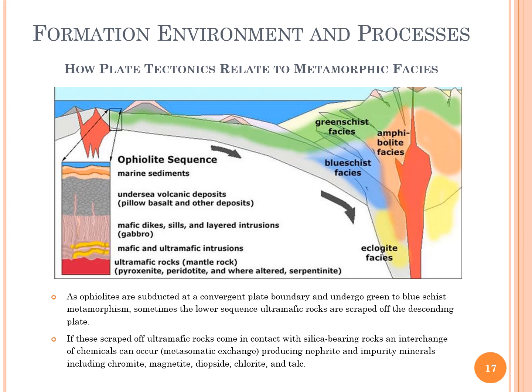Now, some of this material of this ophiolite sequence, as it dives down underneath the plate to the right, actually gets scraped off. And this scraped off mafic material and some pillow basalts, occasionally chunks of ultramafic rock, gets scraped off and actually plastered on the bottom of the plate they're diving underneath.